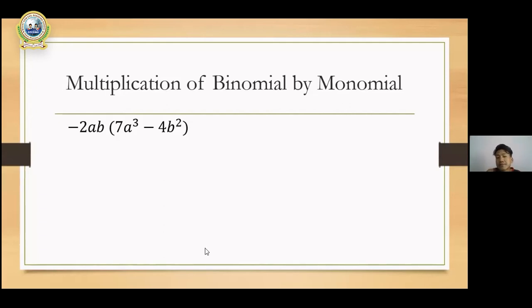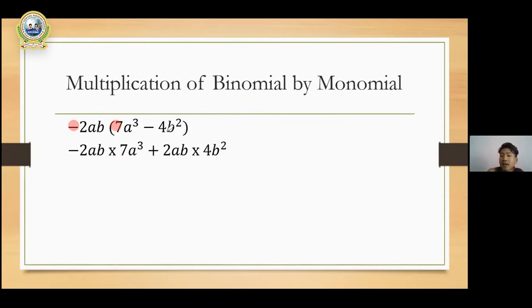While opening up the bracket, we have to multiply the sign. In front of 2ab there is minus, and in front of 7a cube there is plus. So if we multiply them together, we will get minus. Minus 2ab multiplies 7a cube, individually.